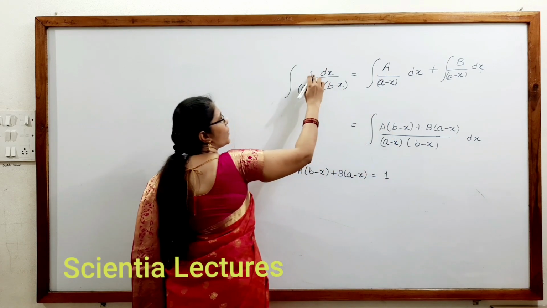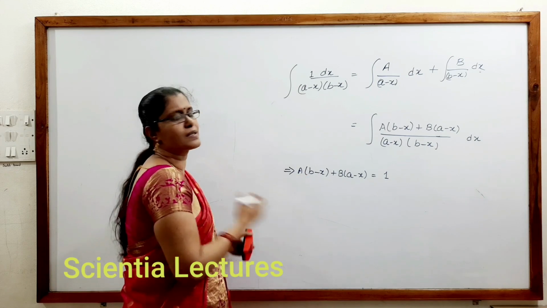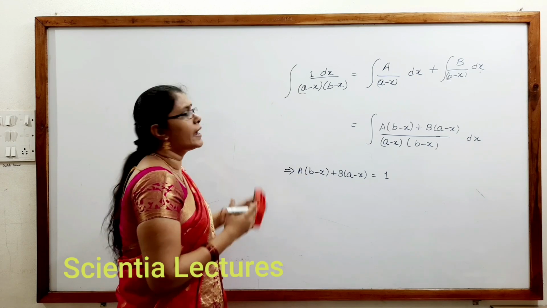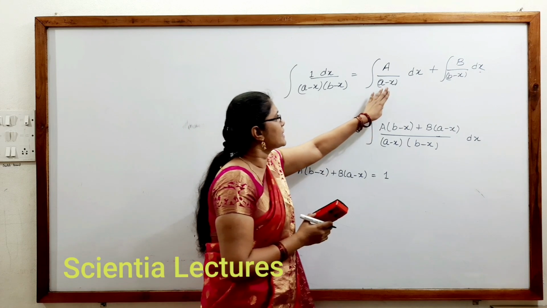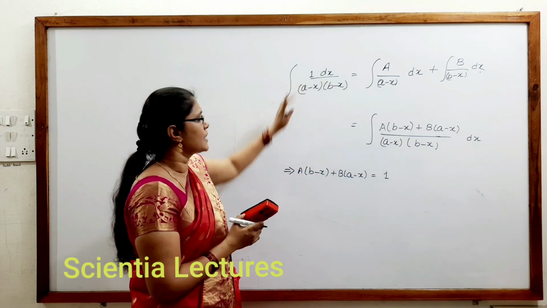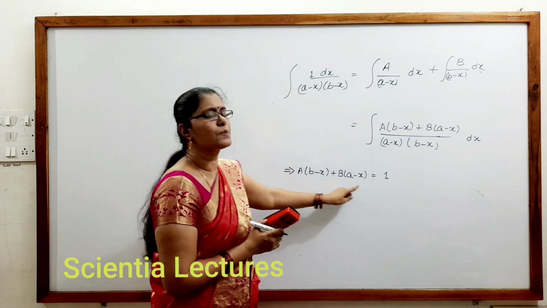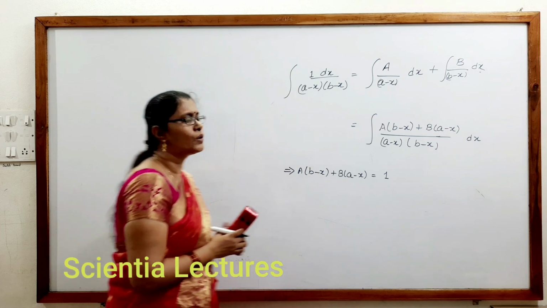See, this term is 1 here. That is why we have split it into partial fractions. It is a methodology. Take the LCM of this and you will get this, but here what is present is 1 dx. So in place of 1, we now have A into (b minus x) plus B into (a minus x) is equal to 1.